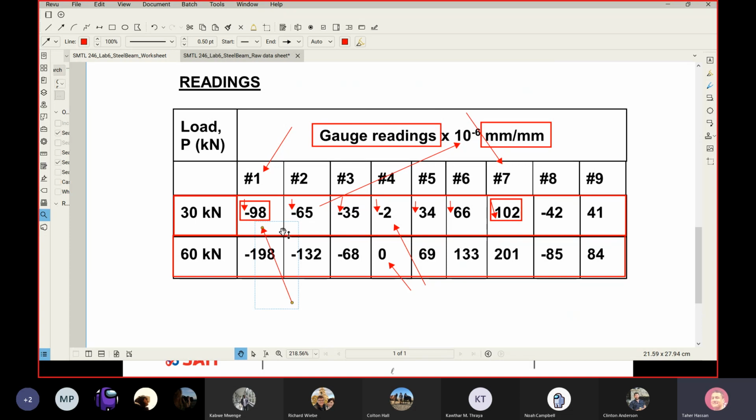Did I teach you anything a few minutes ago on how to find the stress if we know the strain? Multiply it by the elastic modulus. Thank you, sir. Perfect. So all these numbers, if you multiply them by the modulus of elasticity, will give you the stress that corresponds to these fibers.